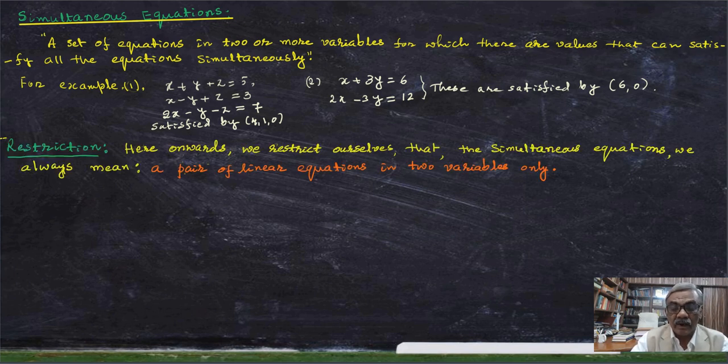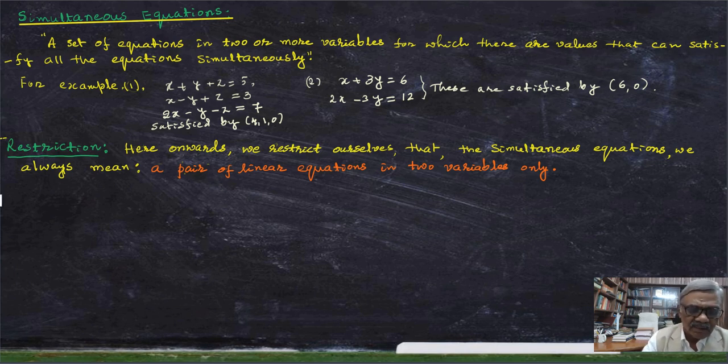And there is a restriction we are putting on the simultaneous equations here. Here onwards we restrict ourselves: by simultaneous equations we always mean a pair of linear equations in two variables only.